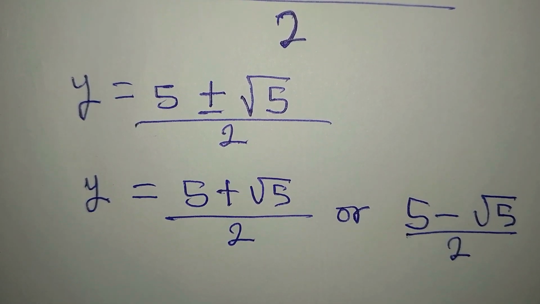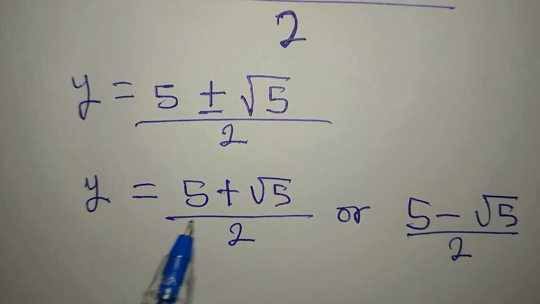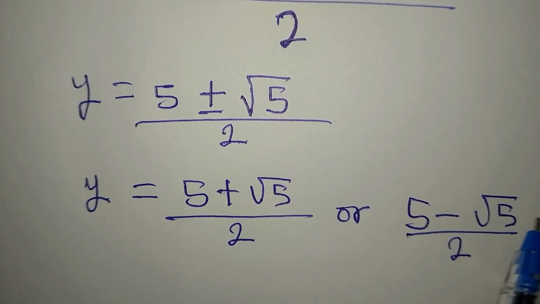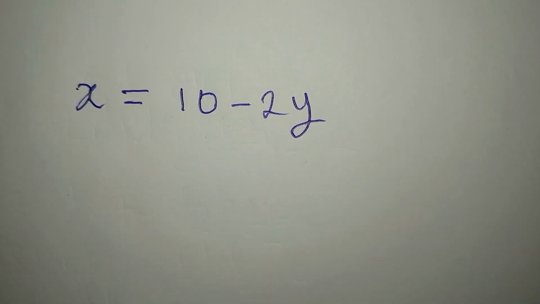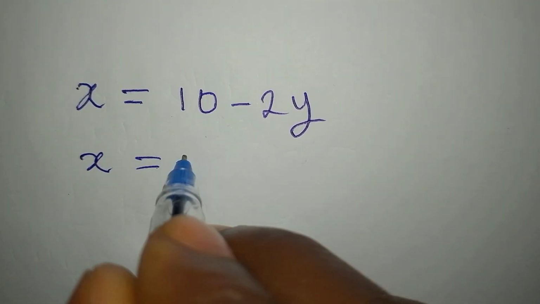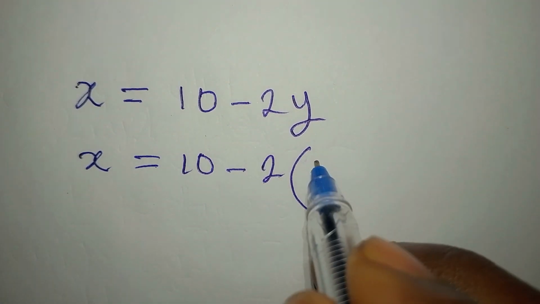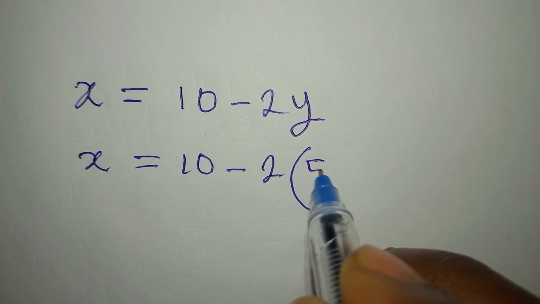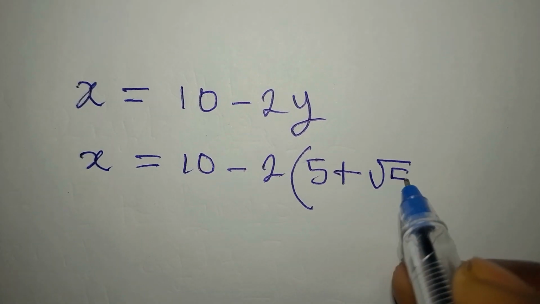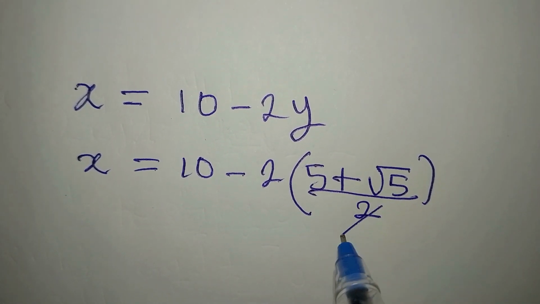So from here we have the two values of y, and there must be a corresponding value of x to these values of y. So let's go straight to our equation 3, and we get our x from there. This is our equation 3, and from here we put in the first value of y into brackets. Our y is 5 plus square root of 5, then we divide by 2. 2 can go there.